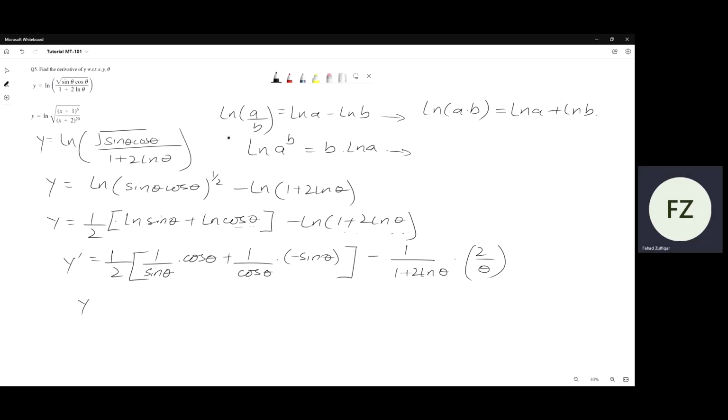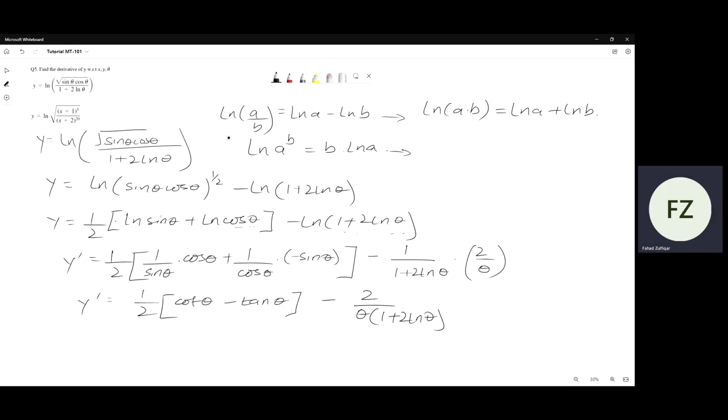If we write it all together, this becomes 1 by 2 times cos theta over sine theta, which is cotangent theta, and minus sine theta by cos theta, which equals minus tangent theta, minus 2 by theta into 1 plus 2 ln theta. So this will be your final answer.